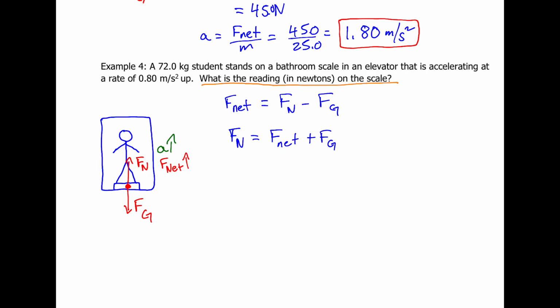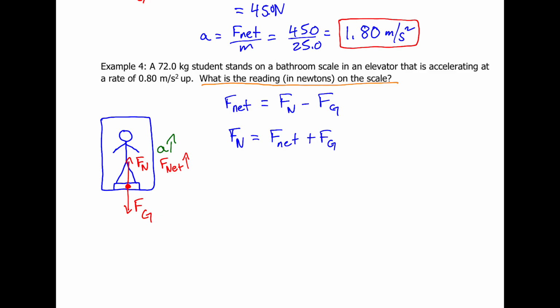No, gravity is still down, but we're adding the sizes of the two forces. The size of the F net force plus the size of the gravity force add together to make the normal force. In other words, the scale is reading how heavy the person is plus how fast it's moving. Right? It's doing both of these things.